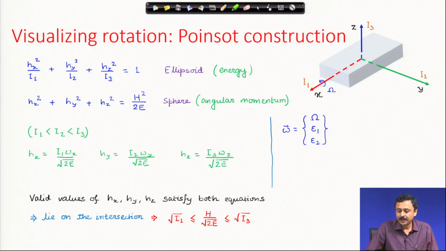Let us consider the first case where we are giving a spin about the lowest moment of inertia axis, which is the x axis. I have shown in the figure. This spin is being given about the x axis, and there is a perturbation on the spin in the other two directions, y and z.